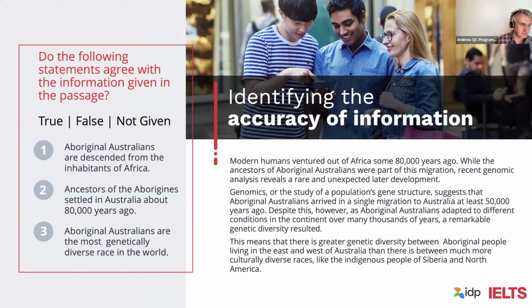False, if the statement contradicts the information, or not given if there's no information on this. Remember that the statements will not be expressed in exactly the same way as in the text, so look for key words in the statements and find similar words or phrases in the text.